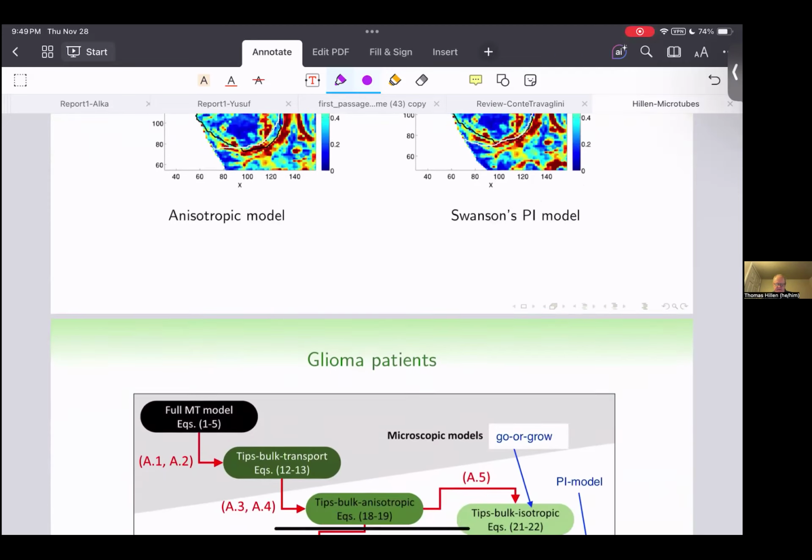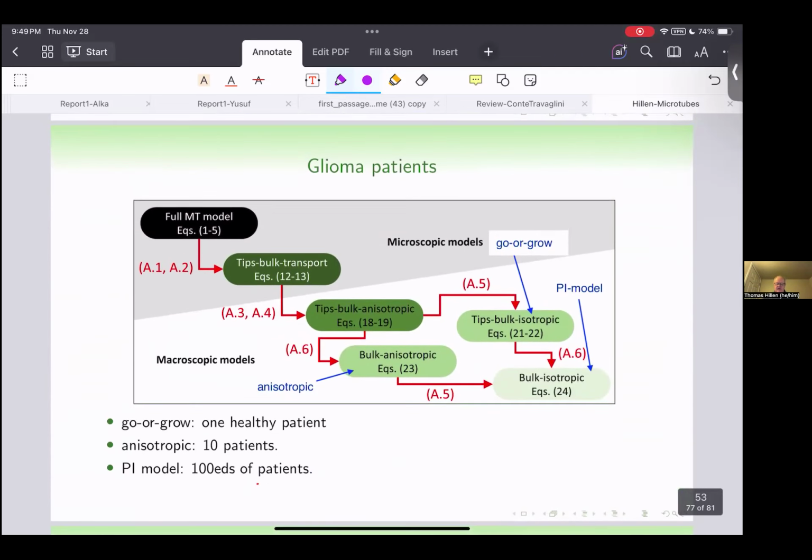So then this has been done as follows. Here we go again, all our 6 models. The go or grow model has been done on 1 healthy person. The anisotropic model has been done for 10 cancer patients, and the PI model for hundreds of cancer patients. And that's it.